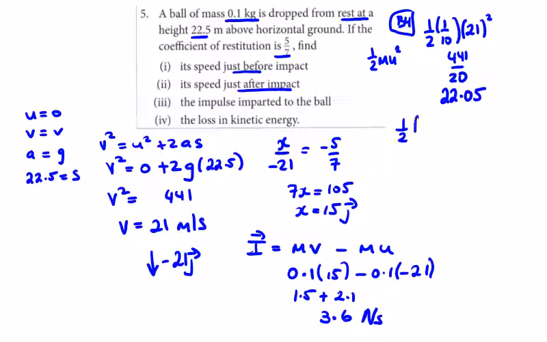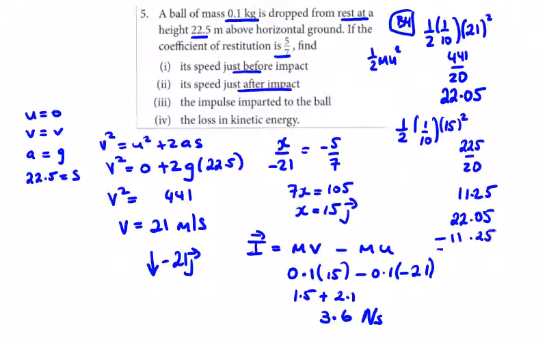So a half times 1/10, afterwards we have 15 squared, which is 225 over 20, which is 11.25. So 22.05 minus 11.25 is going to be 10.8 joules.